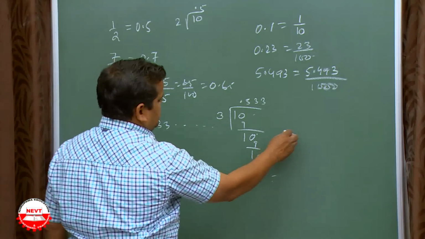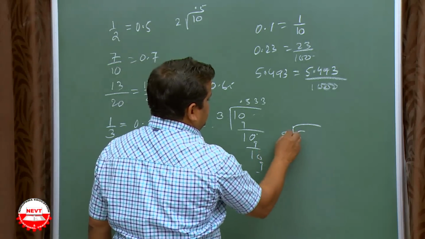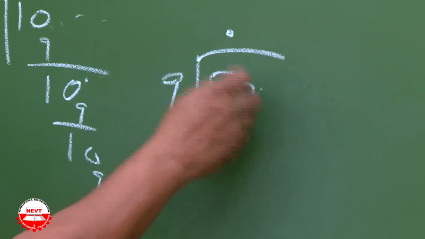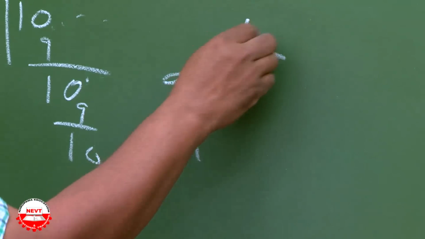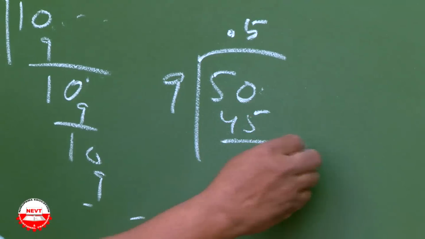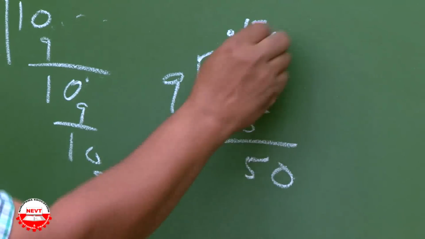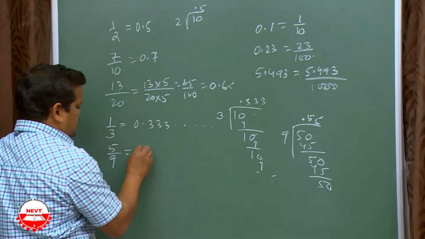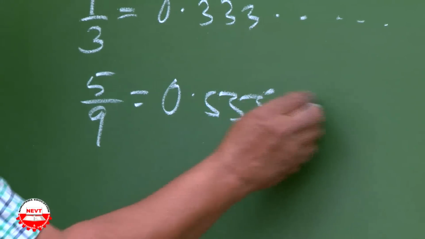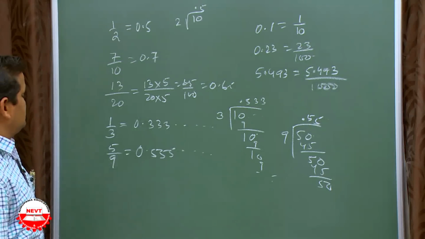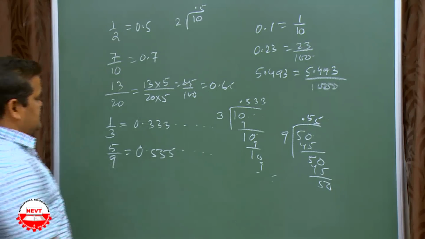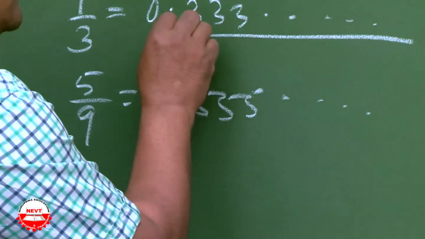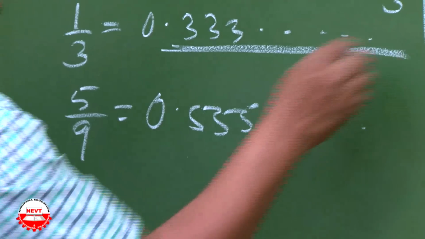So do one thing, 5 divided by 9, decimal 50, 9 5s are 45, then again 5, 50, 9 5s are 45, again 50, that means it is 0.555 like this.